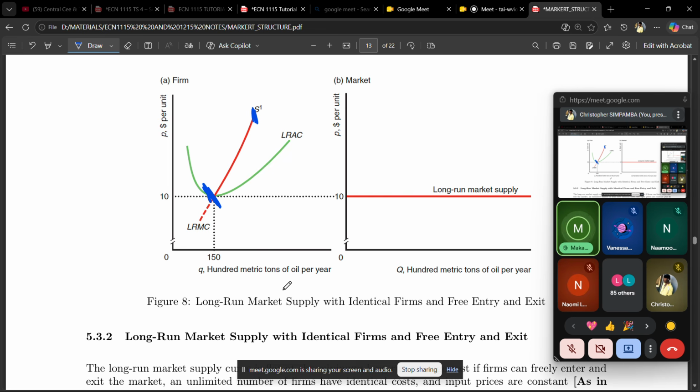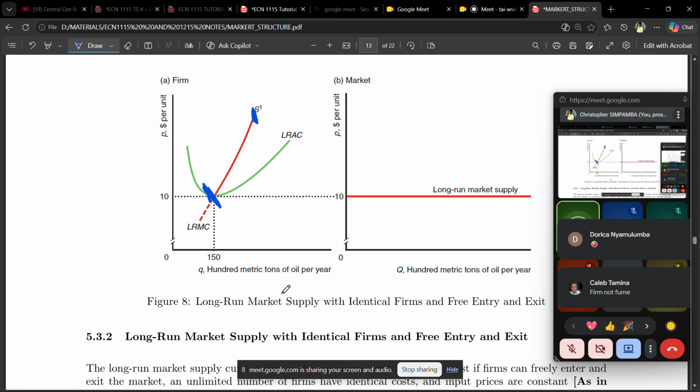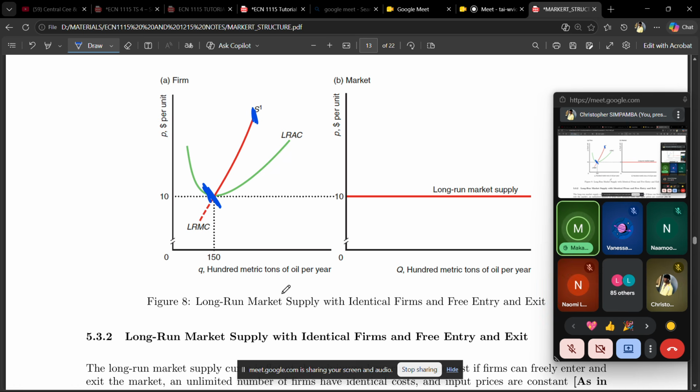Then when we look at the market short run supply curve, the market is just the horizontal summation of all the firms there. When you add all the quantities together, let's say the price is 10, and firm A produces 20 and firm B produces 30, then 20 plus 30 gives you 50 at that price.